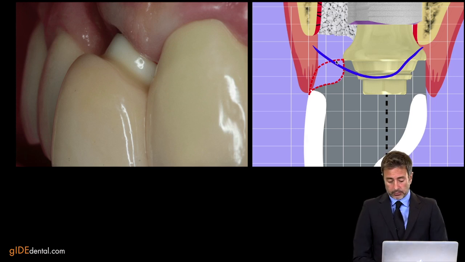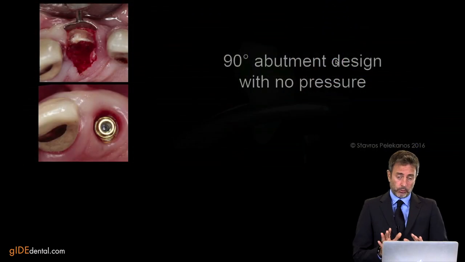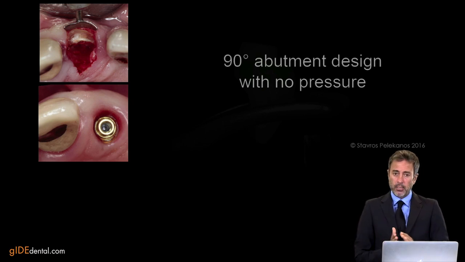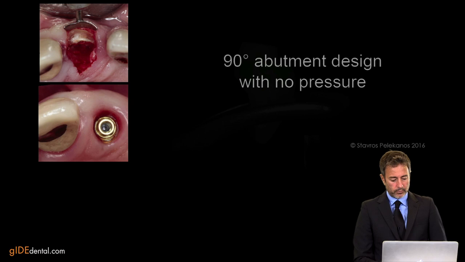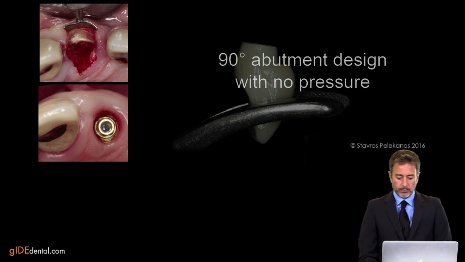There are some cases, for example, where we don't push at all, and then we come with a 90-degree design. This is not very common, but in this case where we have a thick biotype, we are able to do the 90-degree abutment design with no pressure.